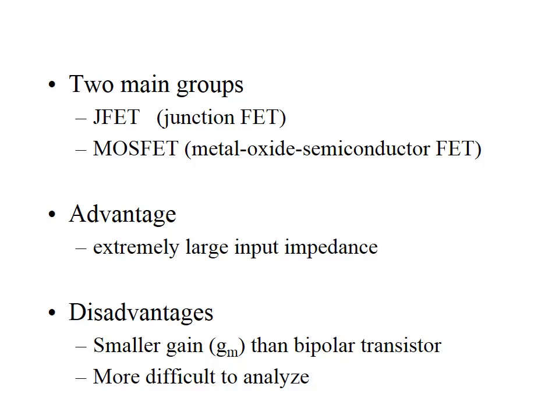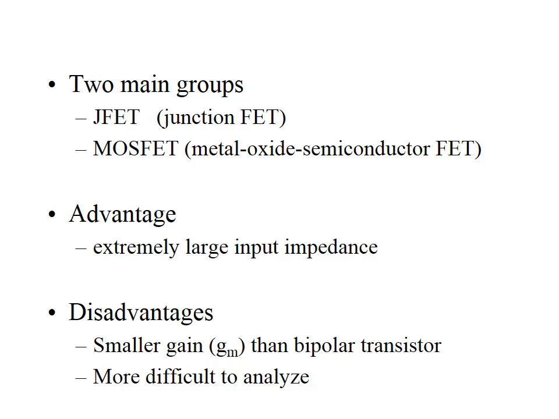One good example is switching. The FET is a very good switch. It can switch very quickly between on and off. So where do we need this kind of application?